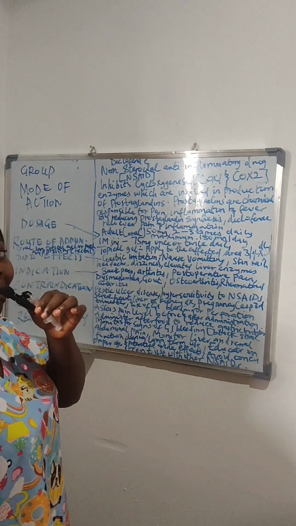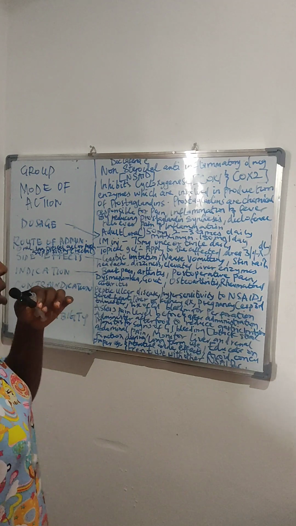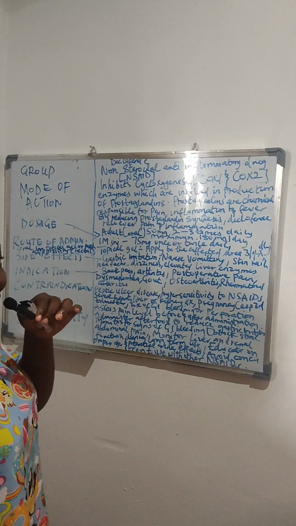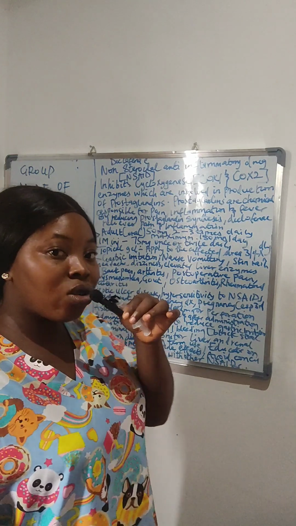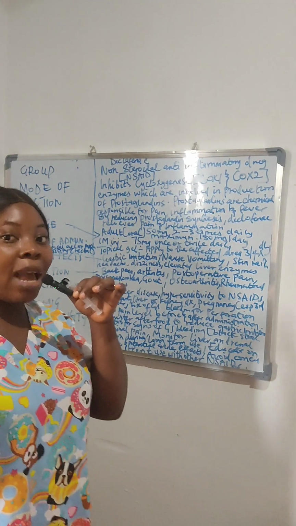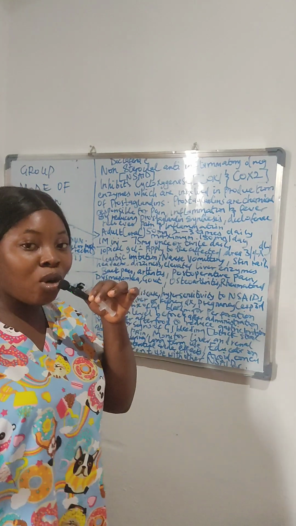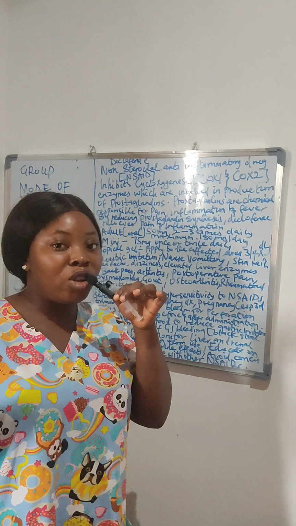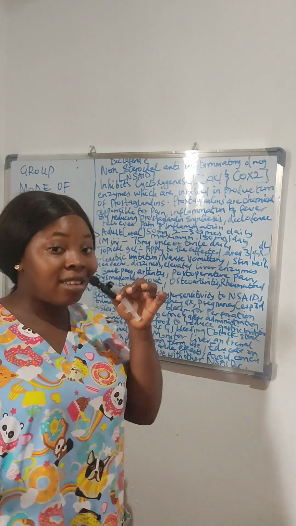Prostaglandins are chemicals responsible for pain, inflammation, and fever. So what does it do? It goes and stops this enzyme that initiates the production of prostaglandin, thereby reducing prostaglandin synthesis.